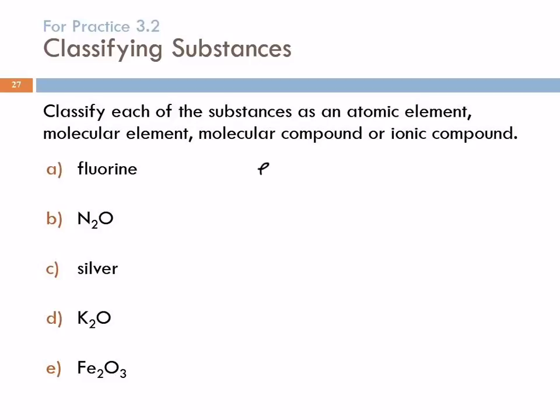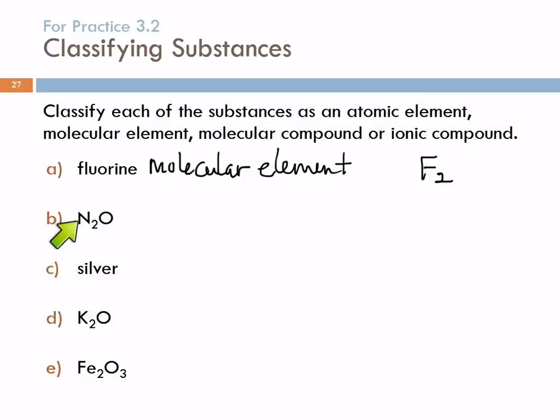So then to answer whether it's molecular or atomic, we have to ask ourselves, is it one of the 7? It is. So this is a molecular element. And if we were to write its formula, it would be F2. They gave you the name because if they gave you the formula, it'd be kind of a giveaway.